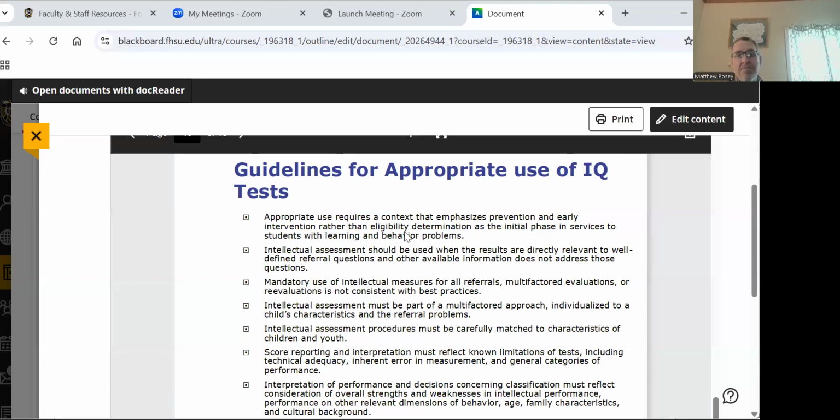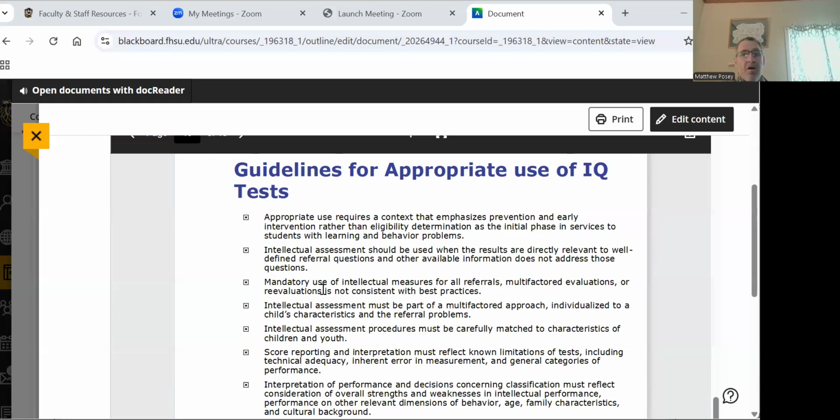And an intellectual assessment should be used when the results are directly relevant to well-defined referral questions. Okay, so we want to make sure that they don't have any knowledge beforehand of the different type of question formatting or questions that we'll use.